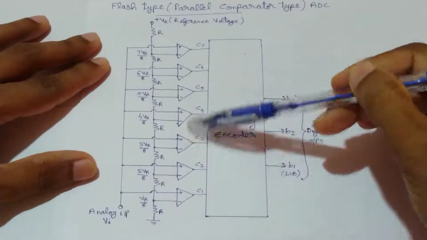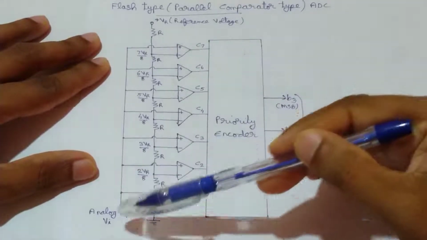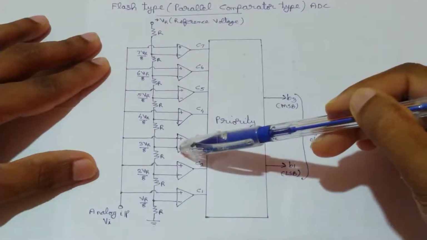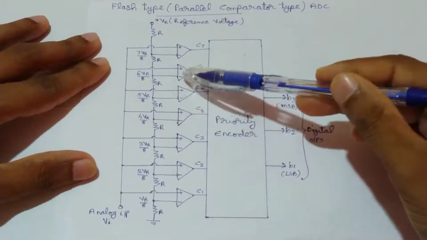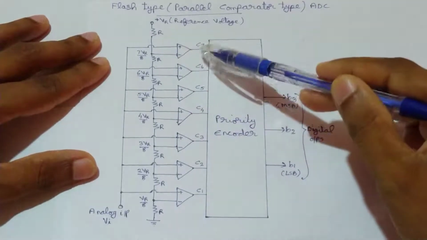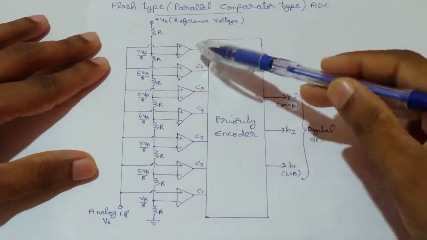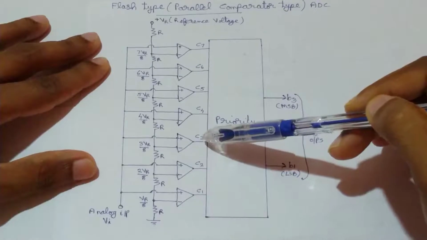Then for all the above comparators, the VA value is less than their corresponding reference voltages, and hence the output voltage of these comparators are at lower levels.